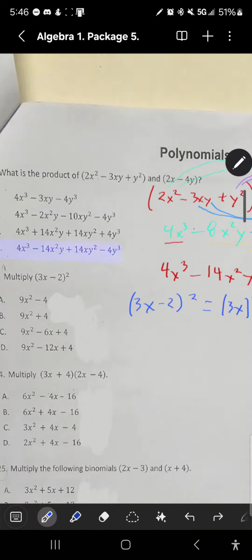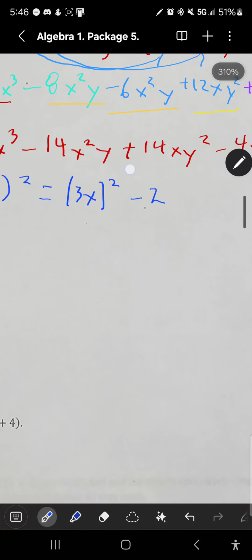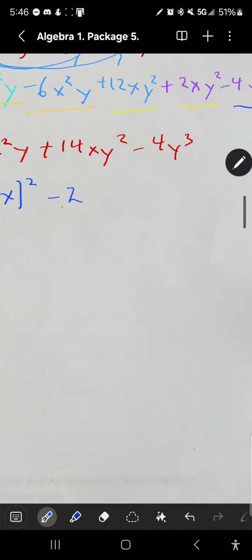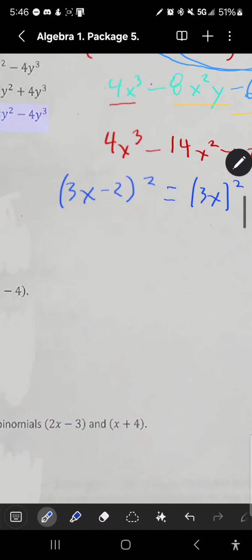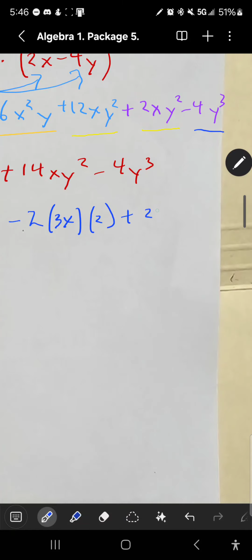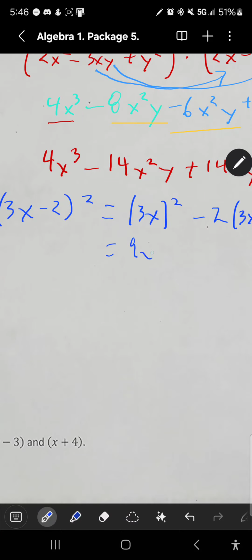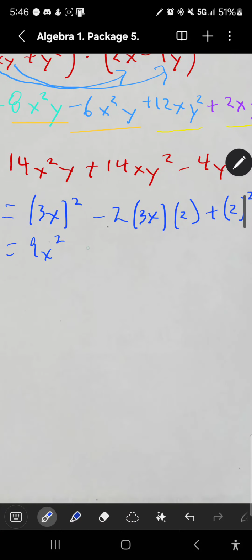Either way, so 3x squared minus 2 times 3x times 2, because this is a and this is b, plus 2 squared. So 3 times 3, 9, x times x is x squared. Then minus 2 times 3, 6 times 2, 12, so 12x plus 2 squared is 4.